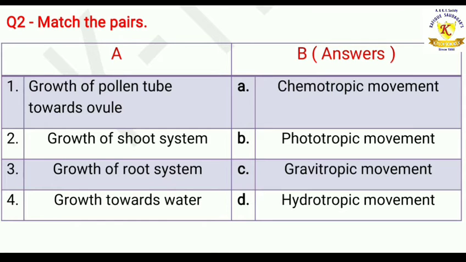Second, growth of shoot system. Answer, phototropic movement. Third, growth of root system. Answer, gravitropic movement. Fourth, growth towards water. Answer, hydrotropic movement. Understood, children?